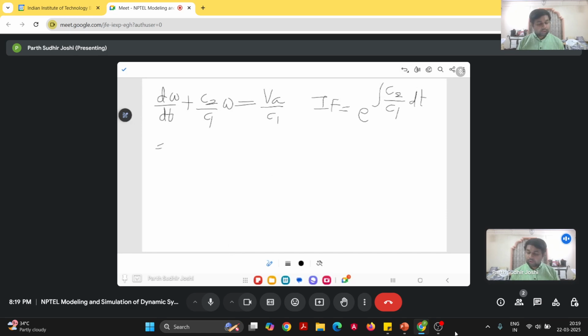So we multiply by this integrating factor e to the power C2 by C1 t into d omega by dt plus again C2 by C1 omega.